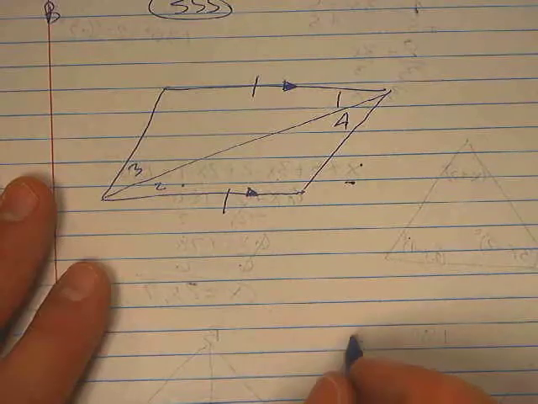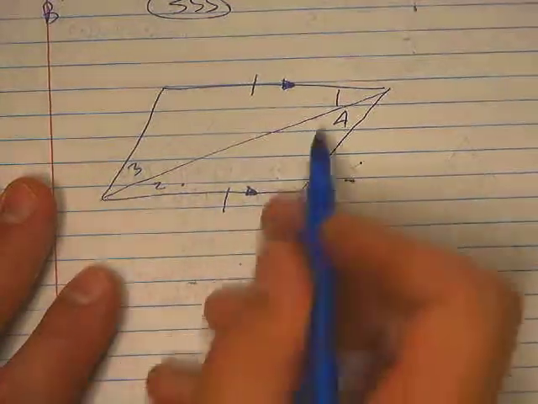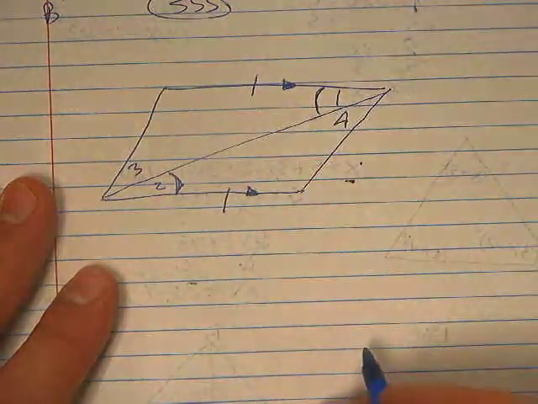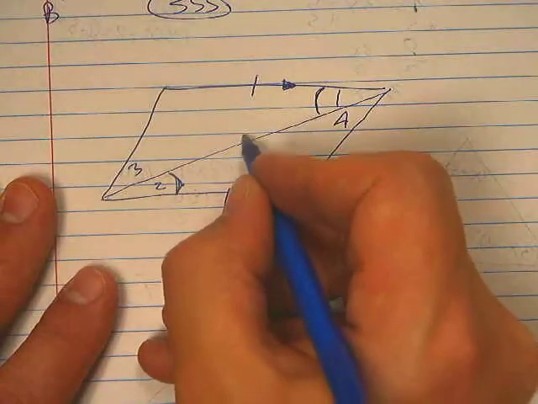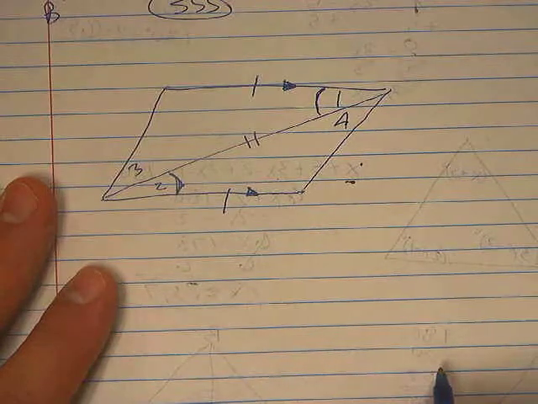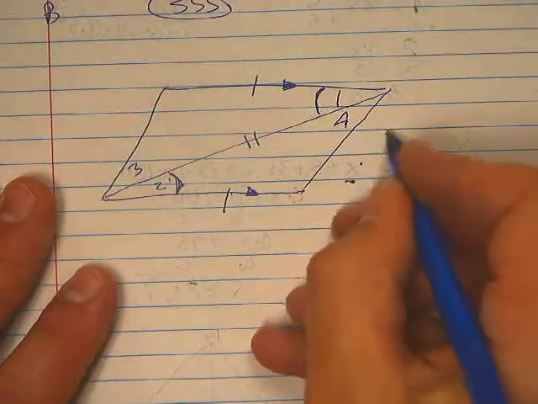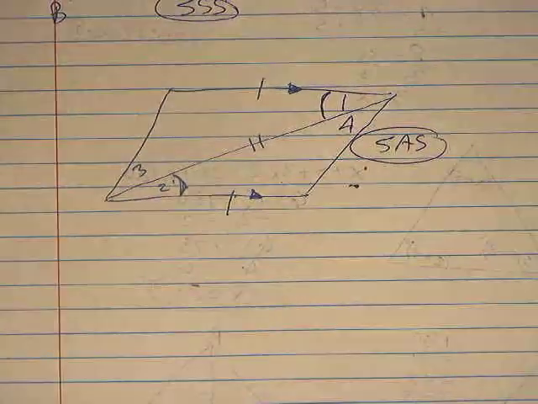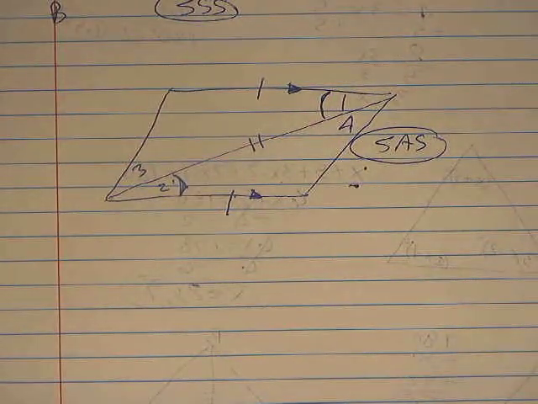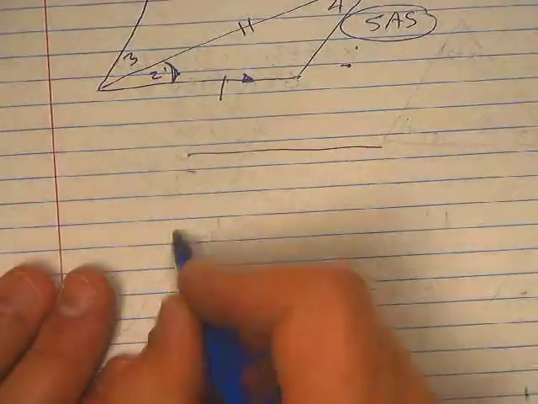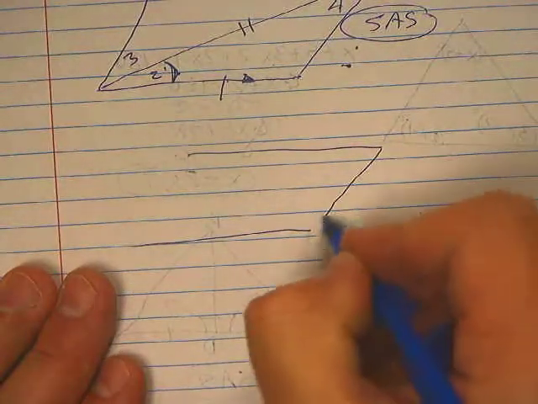And they tell us that these sides are congruent and then these sides are also parallel. Well, if these are parallel lines, we know that angles 1 and 2 are congruent because alternate interior angles, and the side in the middle is congruent by the reflexive property. So we have side, angle, side, SAS.